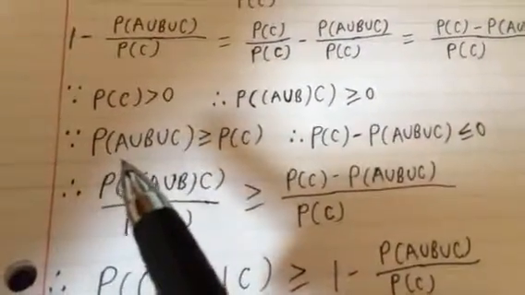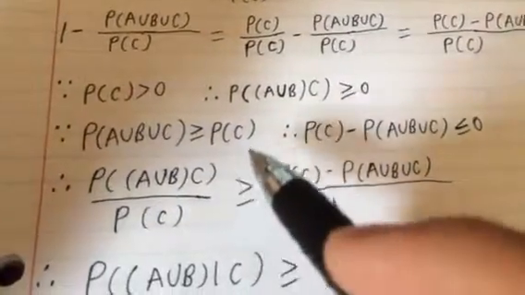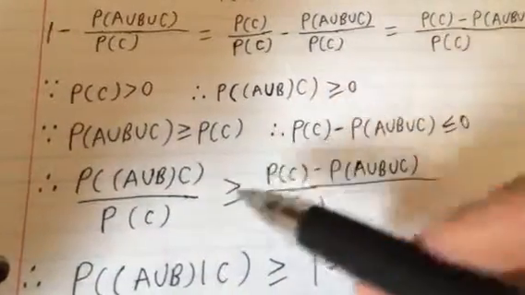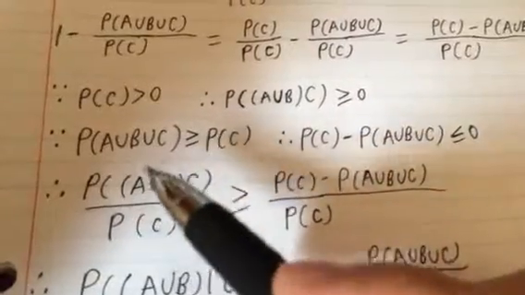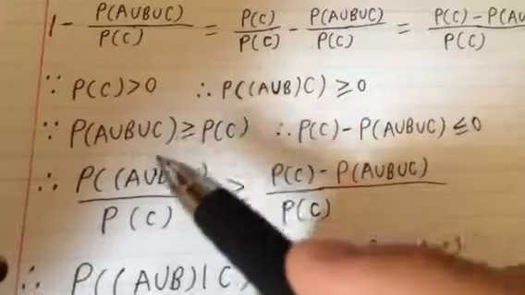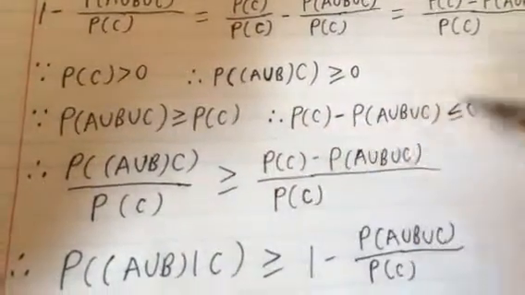And for the probability of the union of A and B and C, we can see that it's always less than or equal to the probability of C, because the union of A and B can either be 0 or bigger than 0.